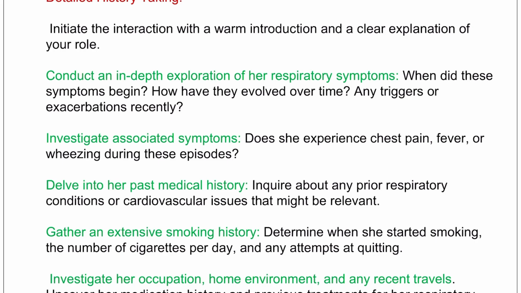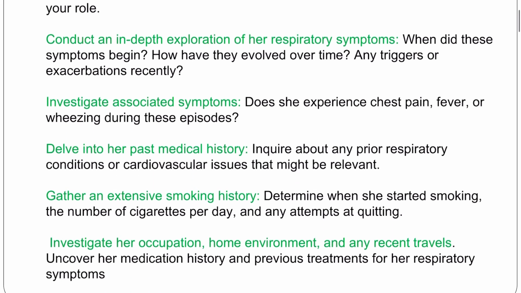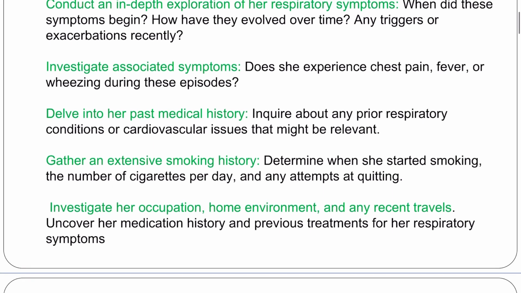Then we want to talk about our past medical history. We're going to inquire about any respiratory conditions or cardiovascular issues that might be relevant. Very, very important with this patient: they have already given you the hint that the patient is a smoker. So you must take a very detailed smoking history: when he started smoking, the number of cigarettes per day, and any attempts at quitting.